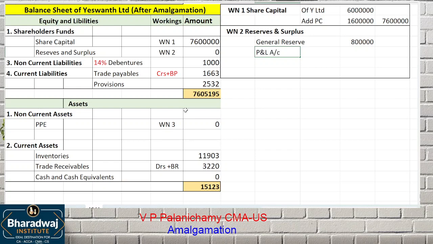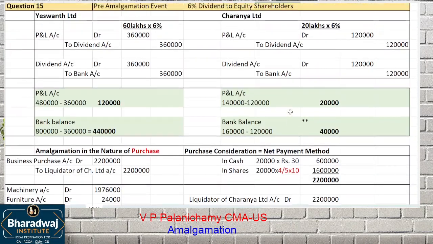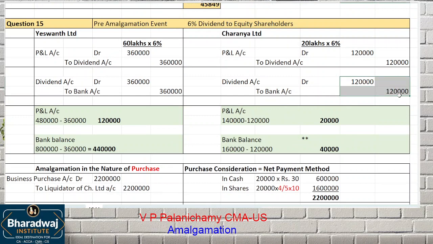Profit and loss account. Please remember, we have done the working. P&L account, not 1,20,000, that is selling company's. Purchasing company's.